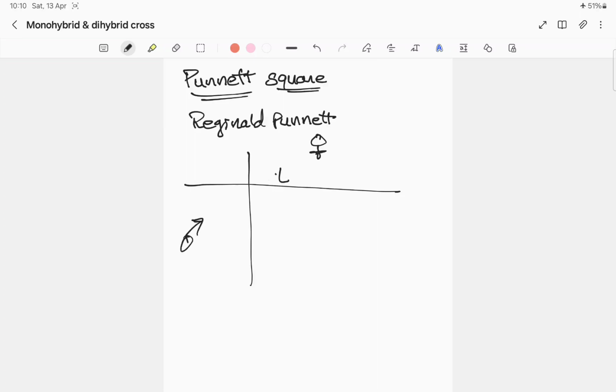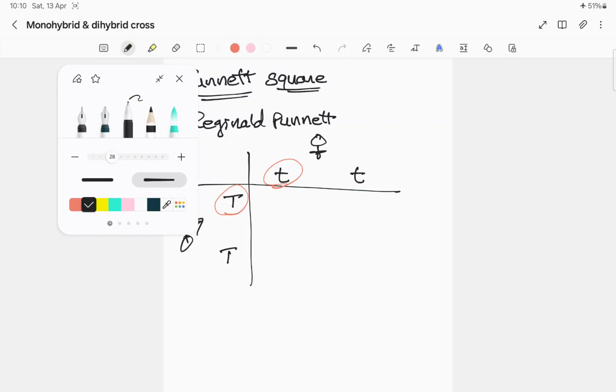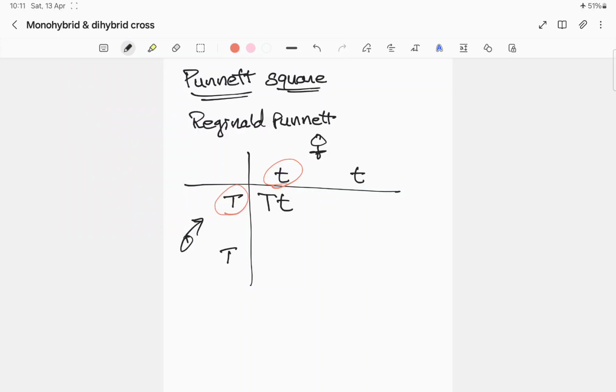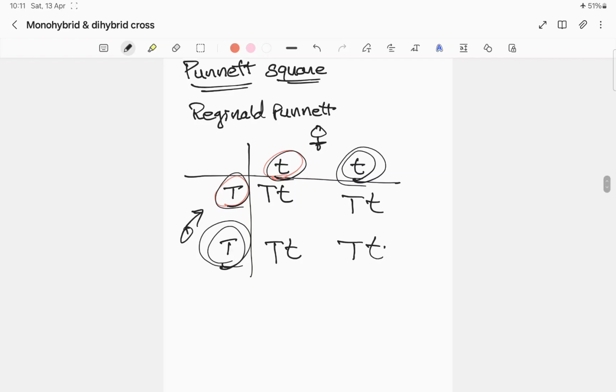For example, if the female parent is small t, and the male parent is capital T. Here, try to understand this one and this one will combine together to form capital T small t. Now this one and this one will form capital T small t. This one and this one will form capital T small t. This one and this one will form capital T small t.